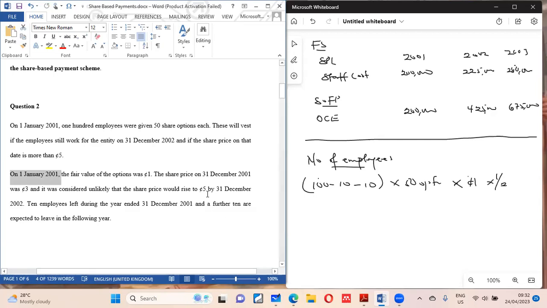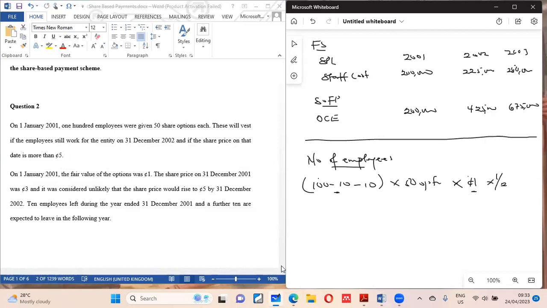Because all that they've done in this question is to bring in plenty of fair values just to confuse you. In fact, it's even 4: 1, 2, 3, 4. So the issue is which one are you selecting? It's about picking the fair value that solves the problem and the number of employees. So please, you have to really work on that one.